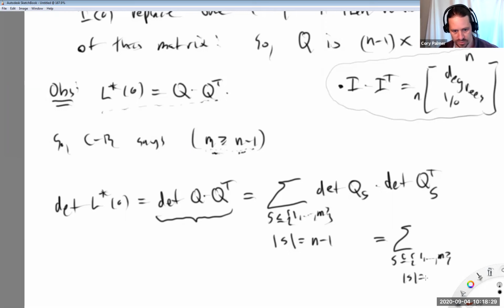What can you tell me about those two determinants? You have the determinant of Q_S and the determinant of Q_S transpose. It's the same thing. Yeah, exactly, they're the same. So I can just take the determinant of Q_S squared. Okay, so now we're getting somewhere. We're simplifying things a little bit. Now we need to figure out these determinants of Q_S.